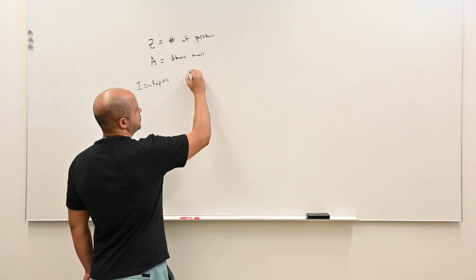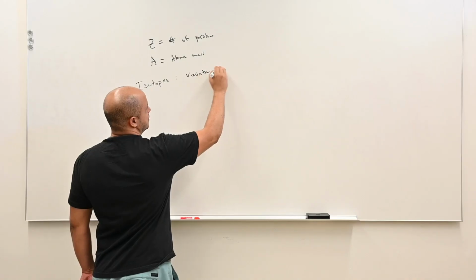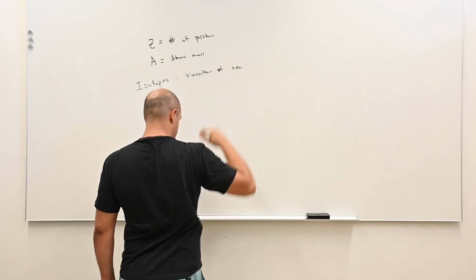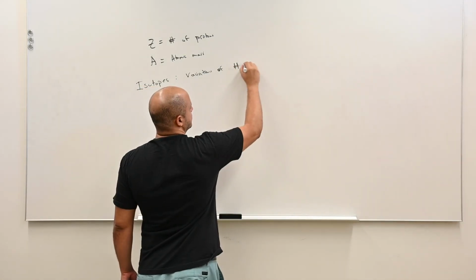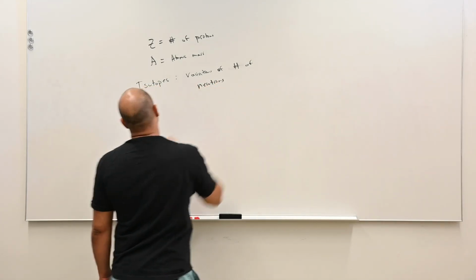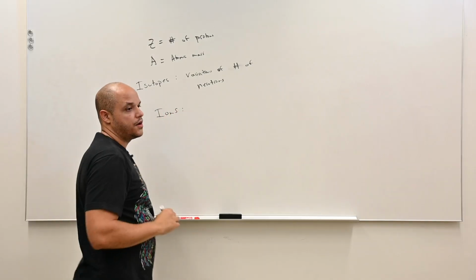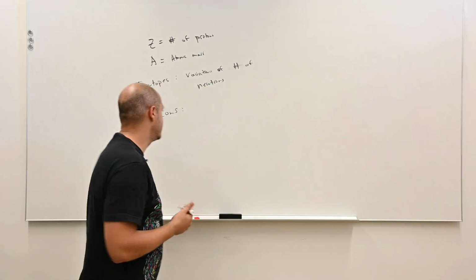So examples are, so I'll just put variations of number of neutrons. And ions are when an element loses or gains an electron.